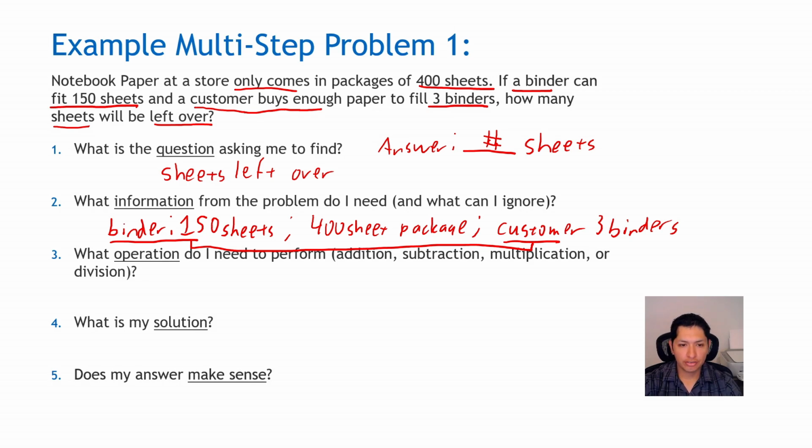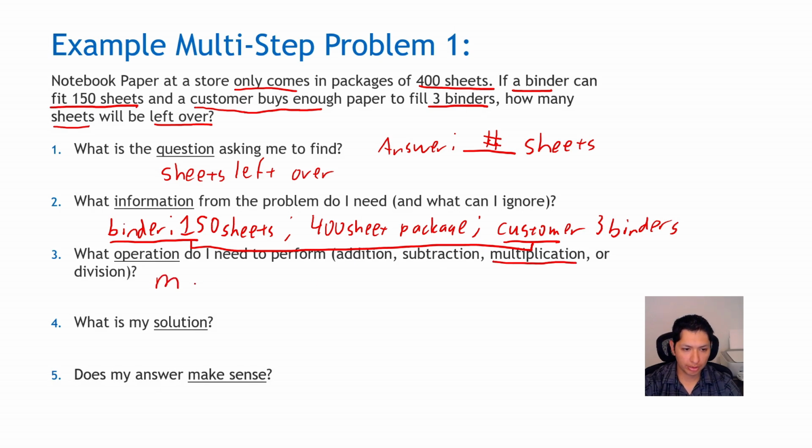A binder fits 150 sheets and a customer buys 3 binders. So I need to work with those 2 pieces of information so that I get how many sheets fit into 3 binders. How do I find how many sheets go into 3 binders if I know how many sheets go into 1? And the answer to that is I'm going to multiply.